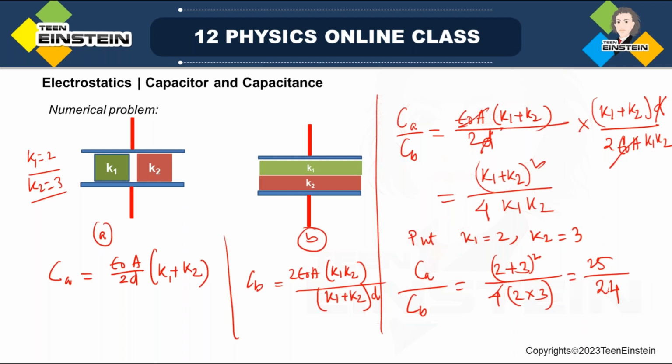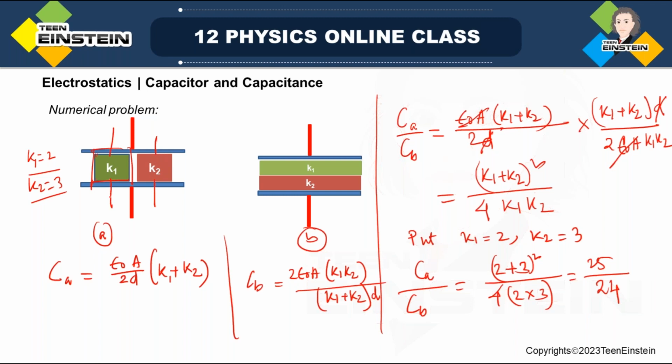Okay, so students, I hope you have understood what I have done here. So I'll just recapitulate once. See here, I had to consider two capacitors which are in parallel combination because both ends of this dielectric material are at the same potential. So ends are actually connected to the same battery.